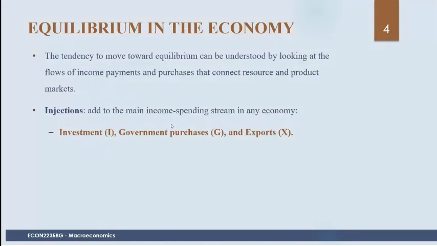Okay, so if there's no leakages from that, so suppose you have production that becomes income, and people are not able to save their money or buy imports, or they don't have to pay any taxes, then they must spend all of their income. So if that were the case, you would just have this flow of income, and if you think about this circular flow, it's like a hose with water in it, and the pressure just stays the same, and there's no way for that pressure to change at all.